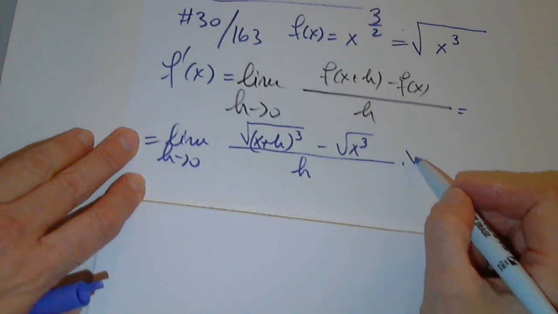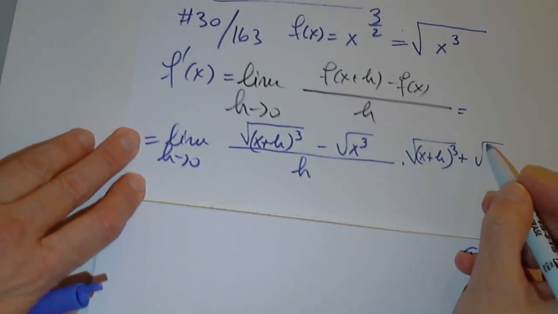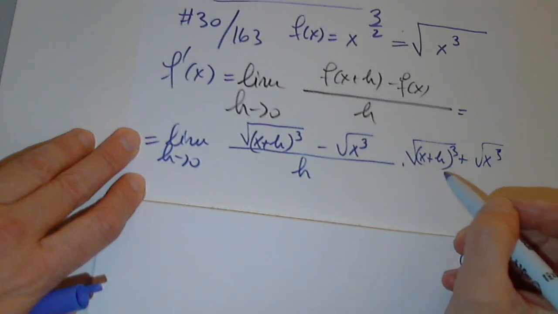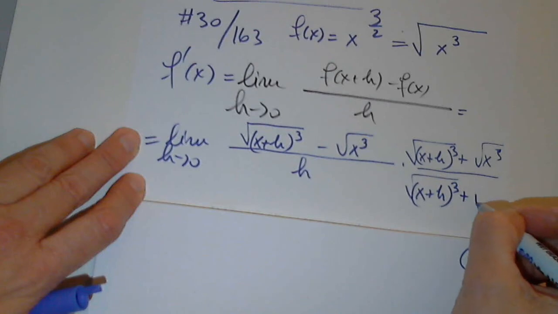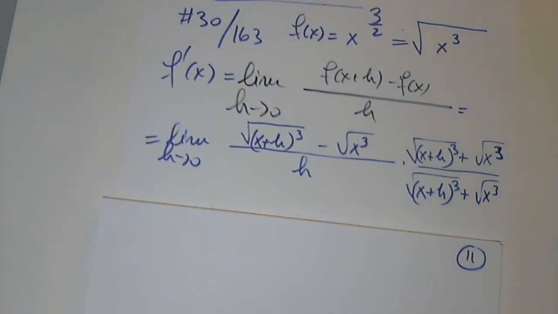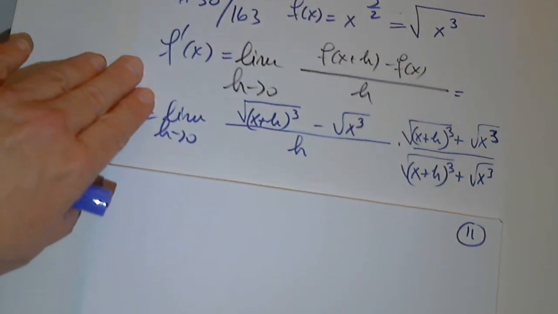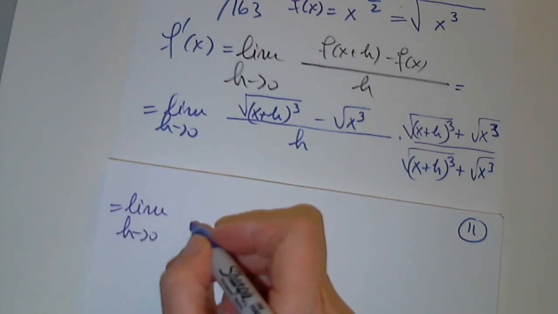It says our only option. The square root of x plus h to the third plus the square root of x to the third over the square root of x plus h to the third plus the square root of x to the third. Perfect. So this is limit as h approaches 0.